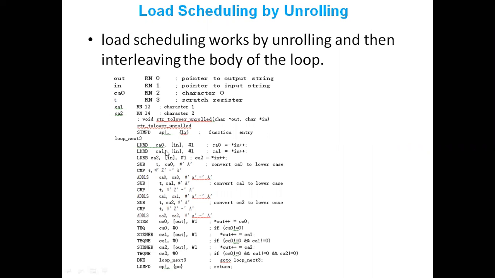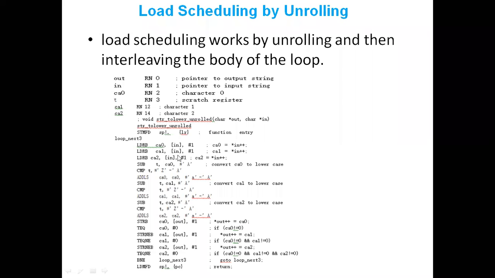But the problem is, let us take for example my string is only 2 characters in length, but I am trying to load 3 characters into the registers. The first character will be loaded into CA0, and the second character into CA1, but I'm trying to load a third character which is not existing, which is out of the array boundary. Still, I'm trying to load that character into CA2, which is illegal.